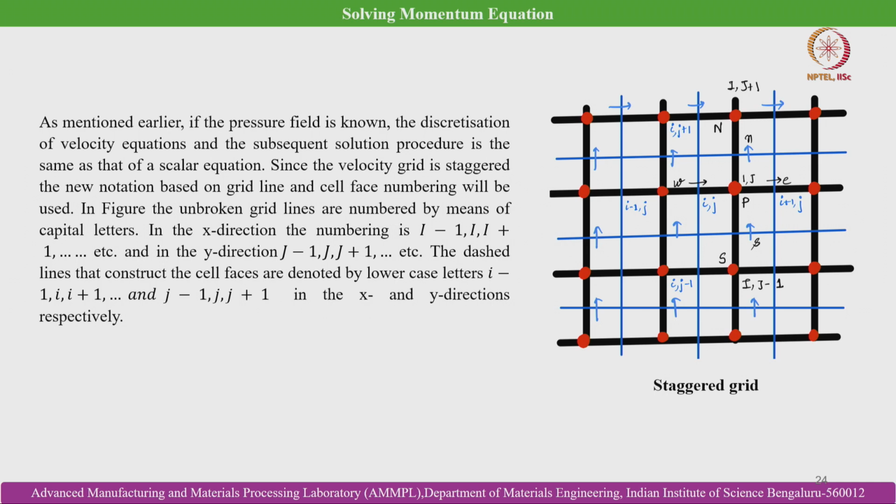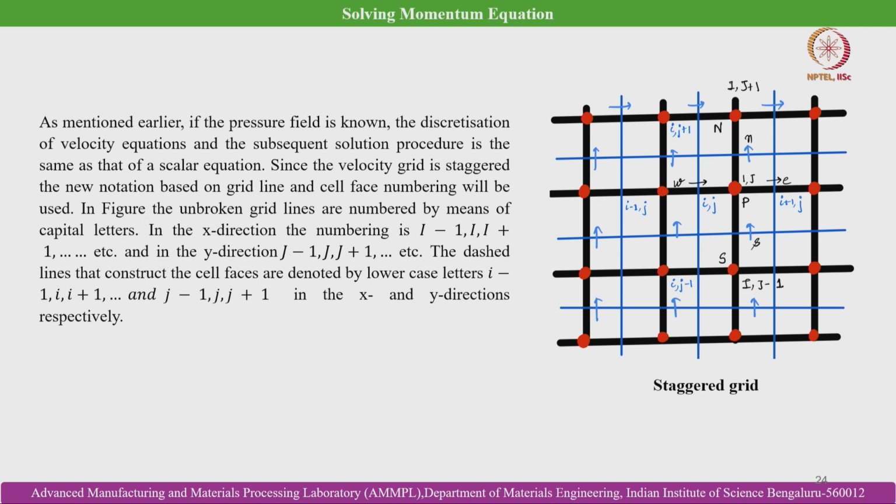The unbroken grid lines are numbered by means of capital letters, that is capital I, capital J. In the x direction, the numbering is I minus 1, I, and then I plus 1. It is not written over here, however we can write it like this.